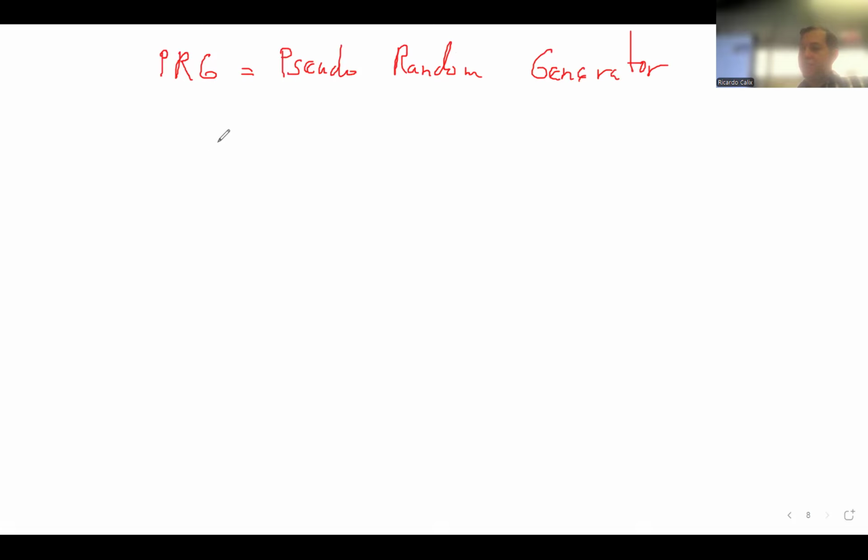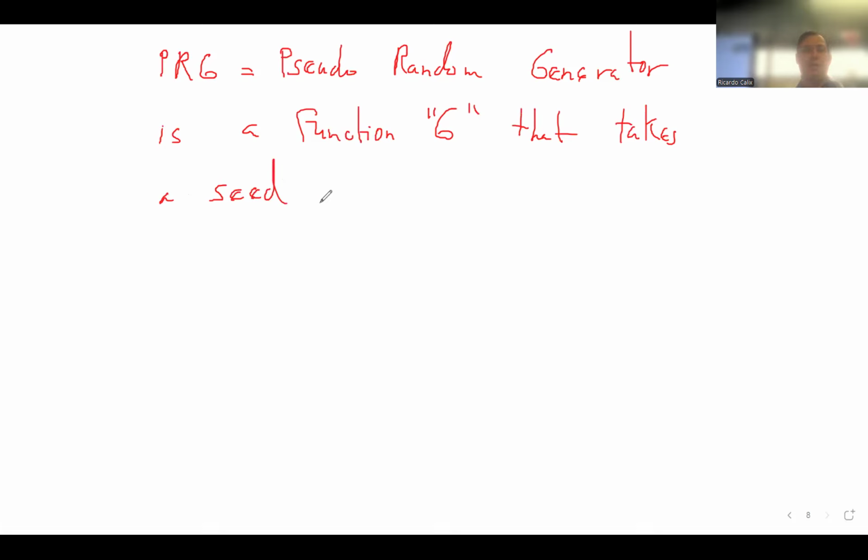A PRG is a function, and we're going to denote it as G. It's a function G that takes a seed, defined as a set from 0 to 1 of size S. So S is the length of the sequence of 0 or 1 bits.